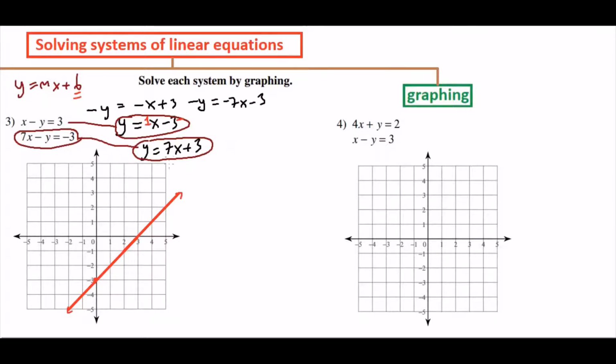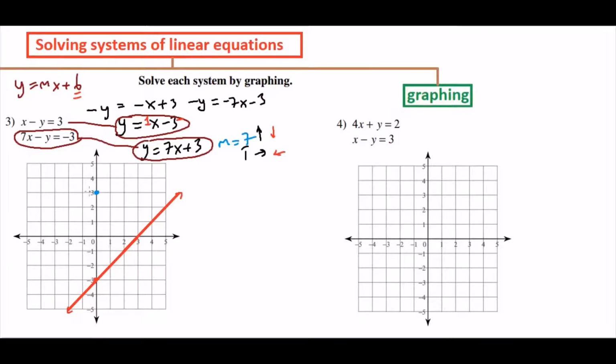The second equation is y equals 7x plus 3. Our y-intercept is 3 and the slope is 7. So 7 is 7 up and 1 right. 7 is 7 over 1, which is 7 up, 1 right, or the opposite, 7 down, 1 left.